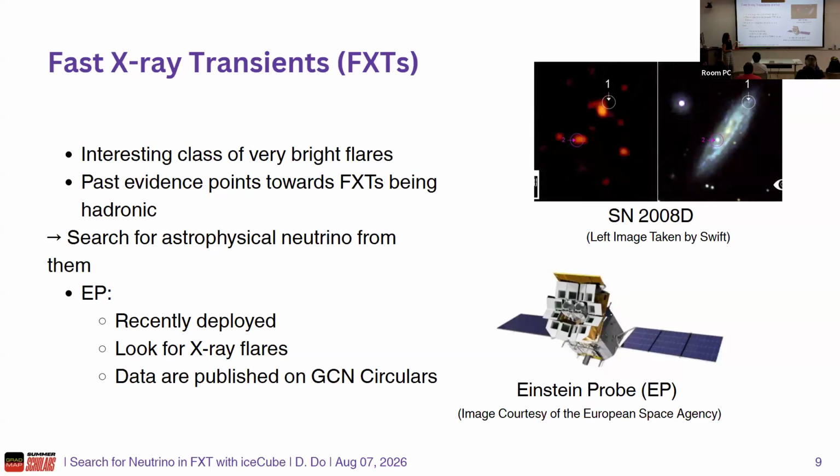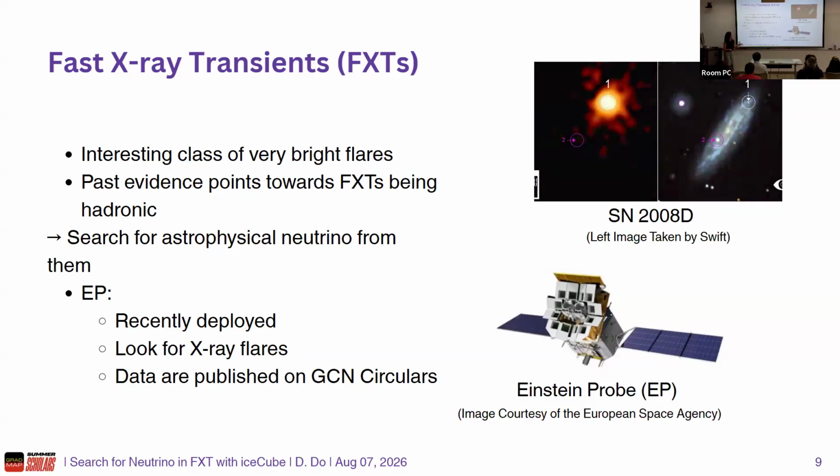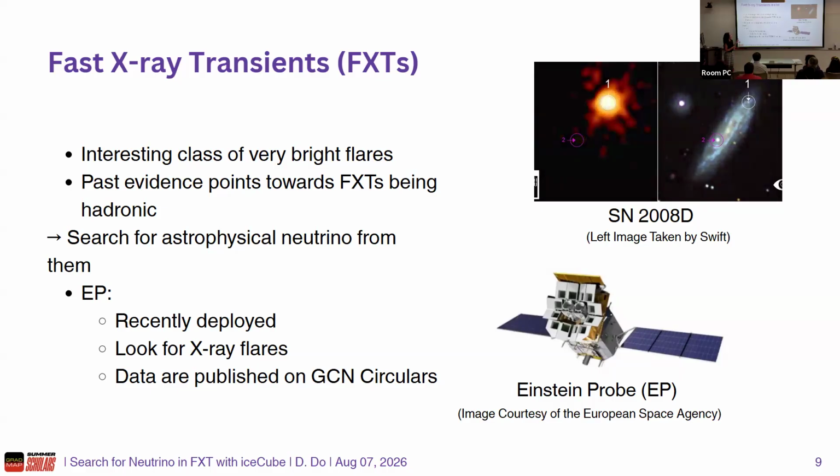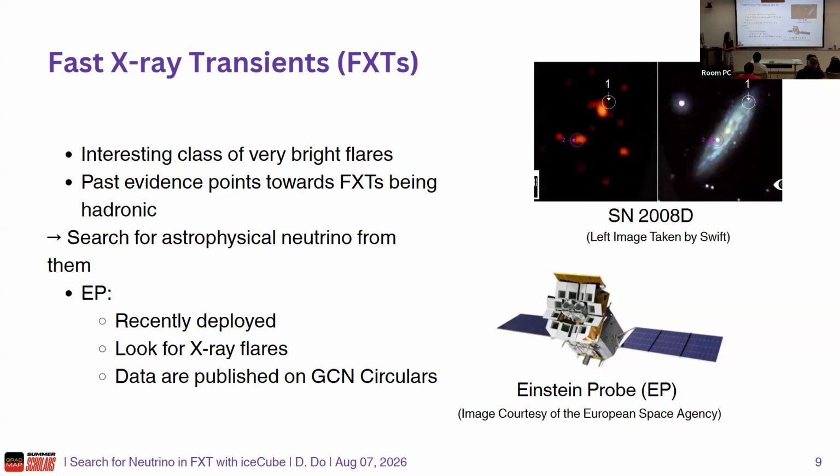Fast X-ray transients are detected by the Einstein Probe, which was recently deployed, and it looks for X-ray flares. The data we took is published in the GCN circulars. Also, this is a past detection of fast X-ray transients that makes us believe that fast X-ray transients are hadronic, which indicates that they are likely to produce neutrinos.